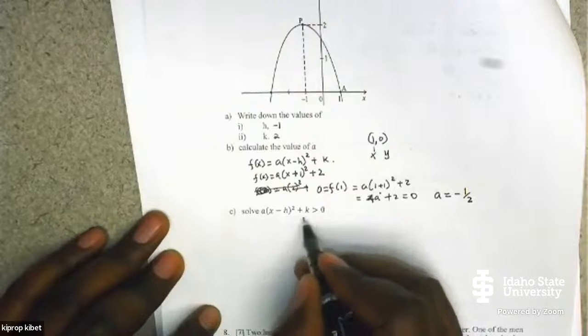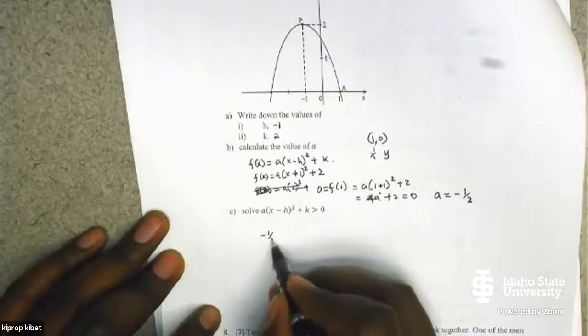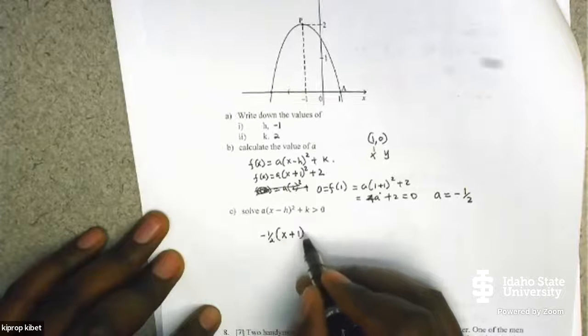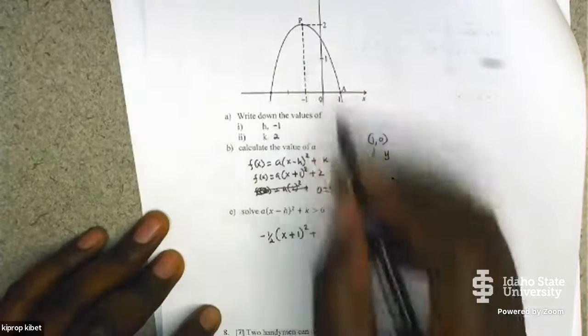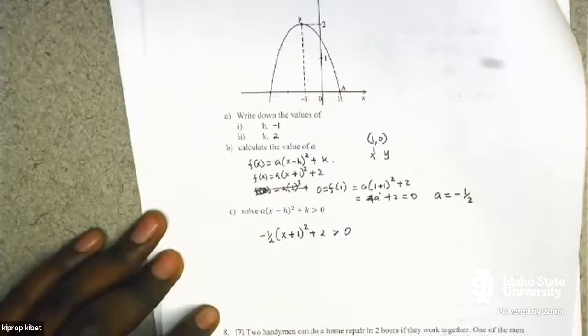So basically our a is minus 1 over 2 times (x plus 1) squared plus our k, which is 2, is greater than what? Greater than 0.